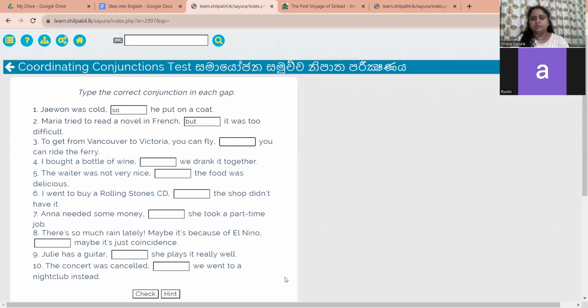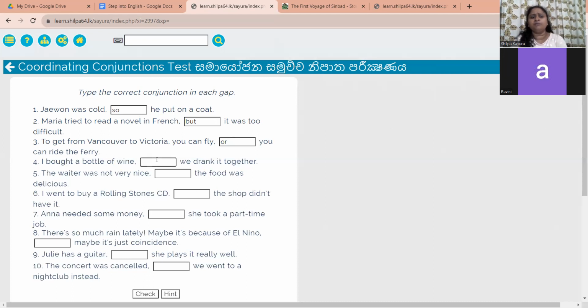Yes? What is the problem? So, yeah, that is for the first one. Yes, can you try out the third one? To get from Vancouver to Victoria, you can fly, or you can ride the ferry. So from the set of conjunctions that we just learned, you can use "or". If not, you can use "even". Also, there are conjunctions and you can use one of them.